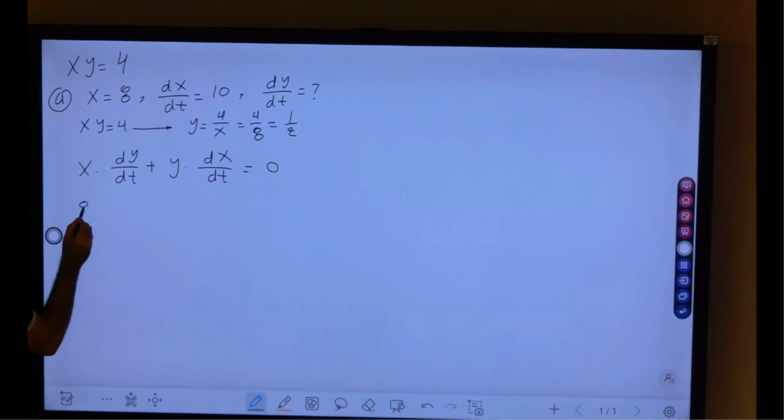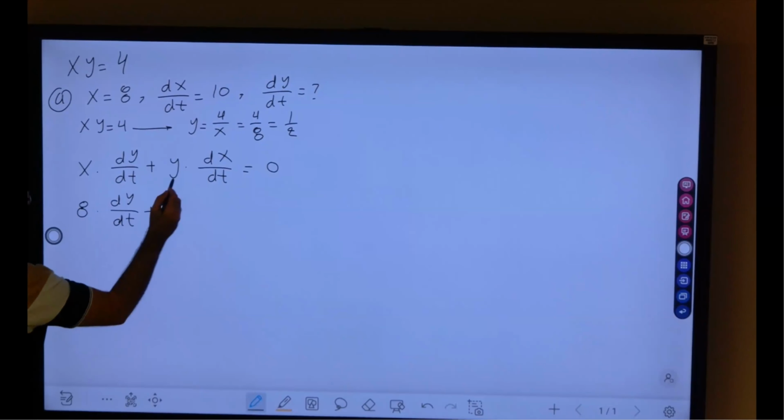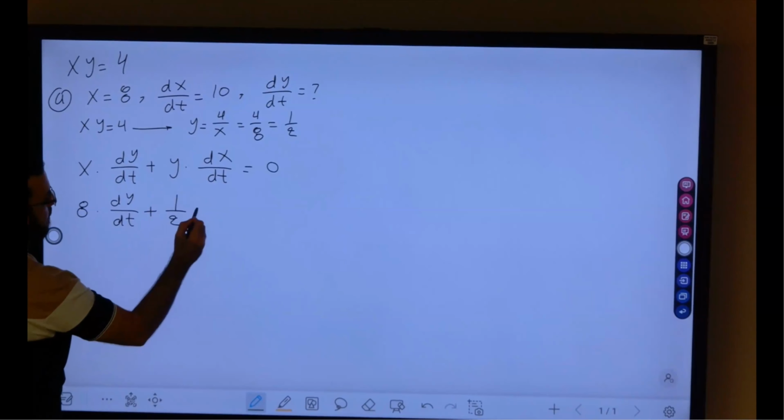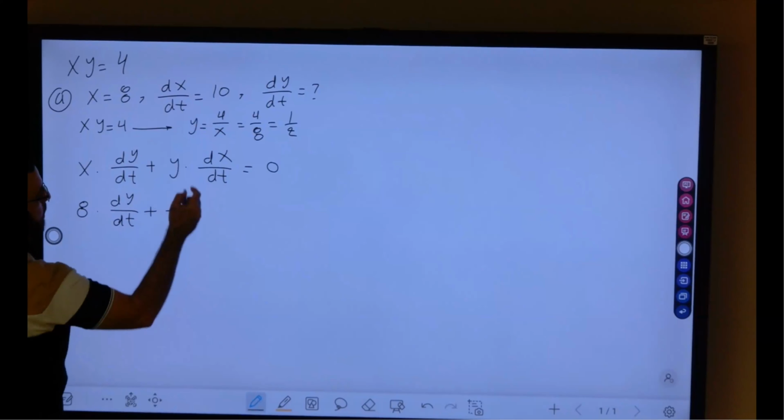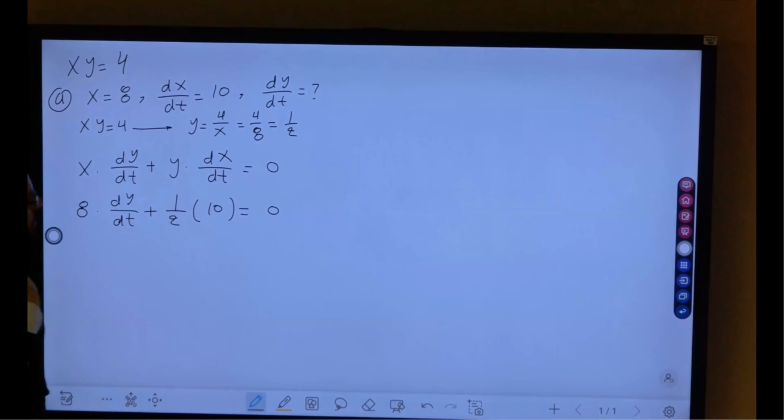x is 8 times dy over dt plus y is half times dx over dt, which is 10, equals 0. What's the next step? You just combine those two, then move it to the other side.